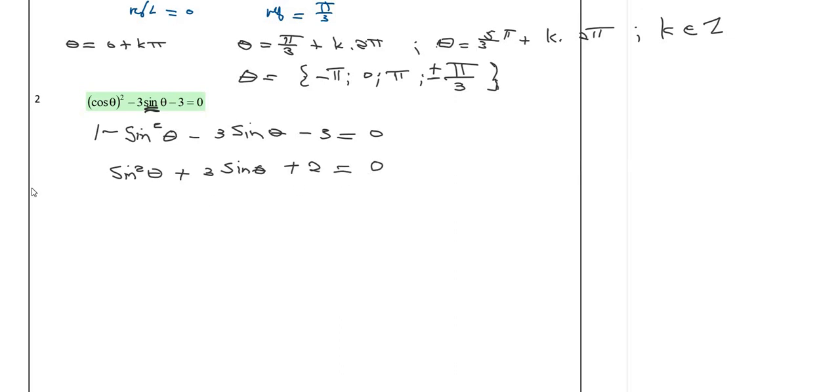Right, now I just make a little star here, because I want to warn you, it's not always going to have factors. Then we need to use the formula, the normal quadratic formula, minus b plus minus the square root of b squared minus 4ac over 2a, just to make sure we find all the answers for sine.